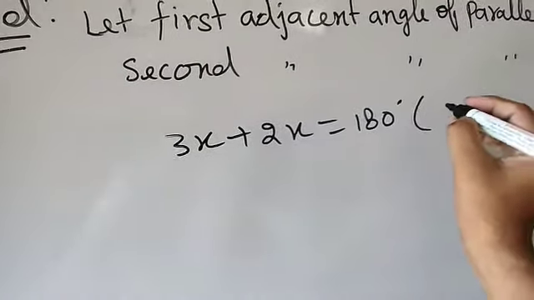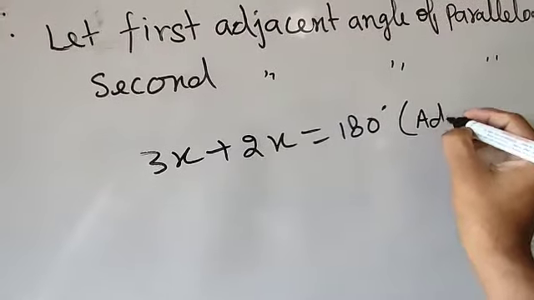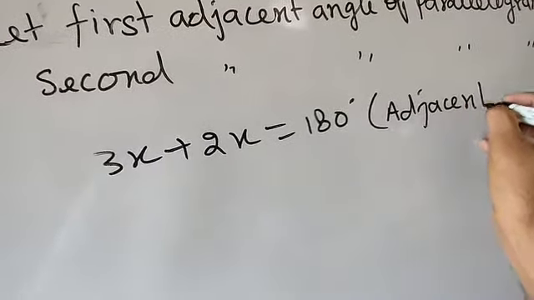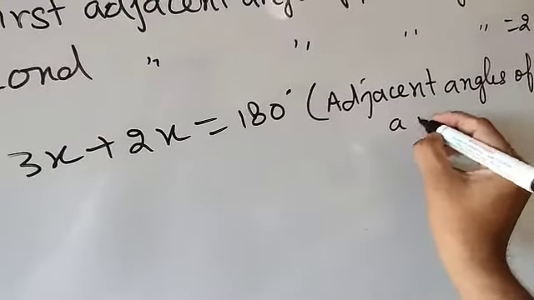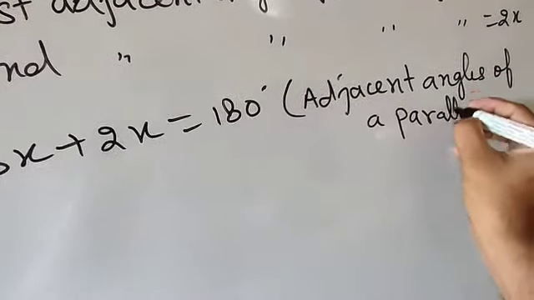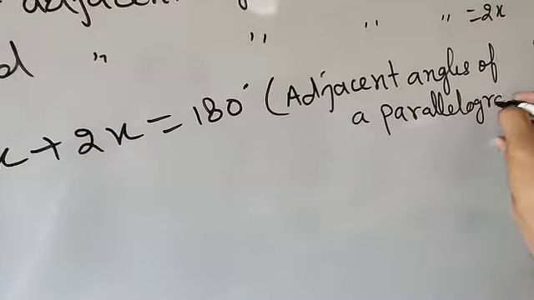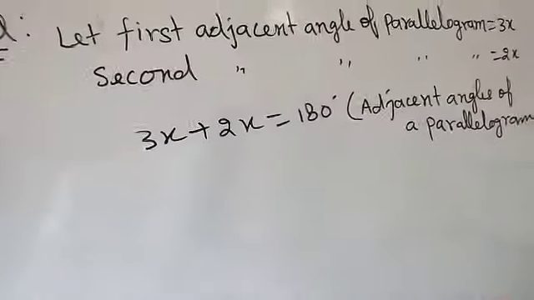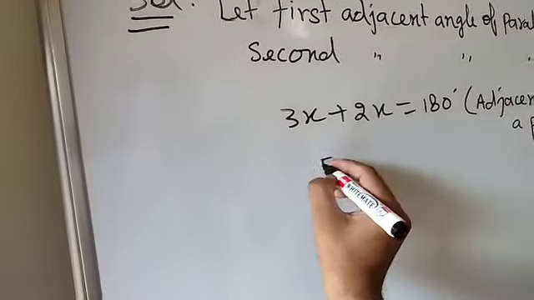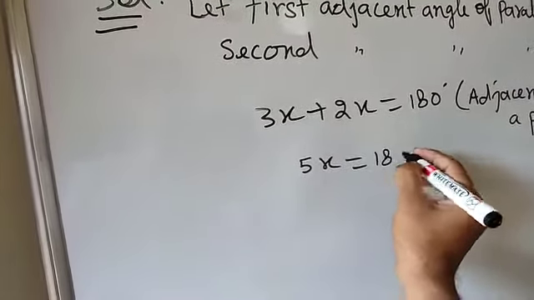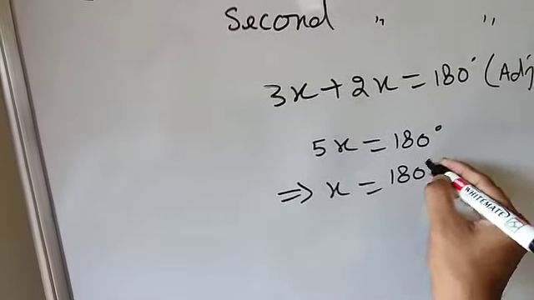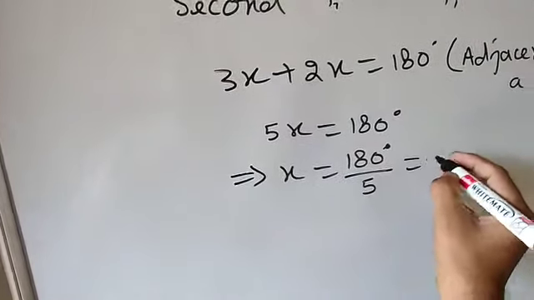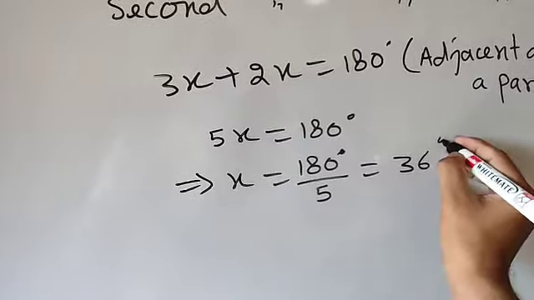You can give the reason: adjacent angles of a parallelogram. 3x plus 2x, 5x equal to 180 degree. It shows that x equal to 180 degree upon 5, that is equal to 36 degree.